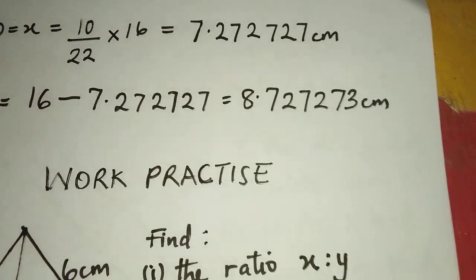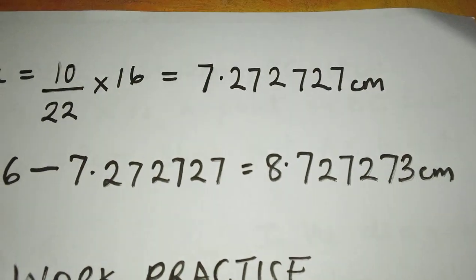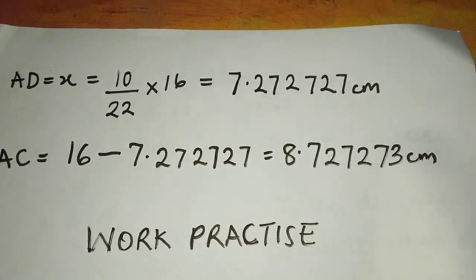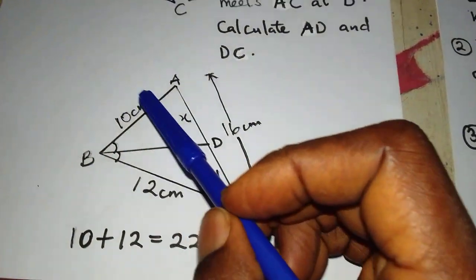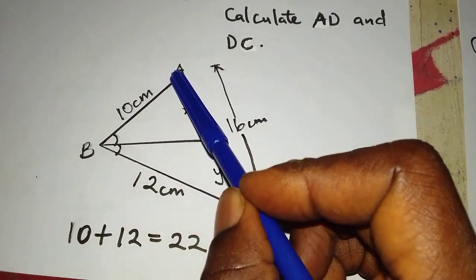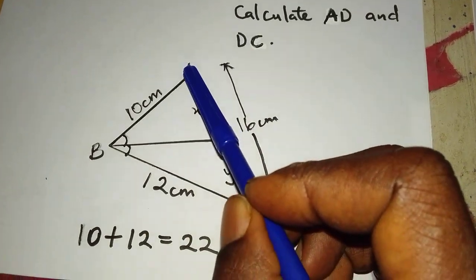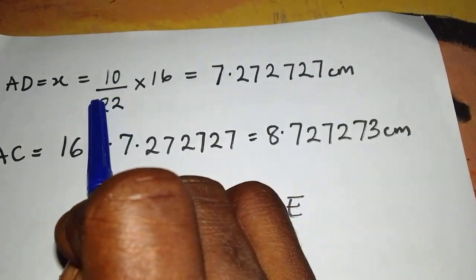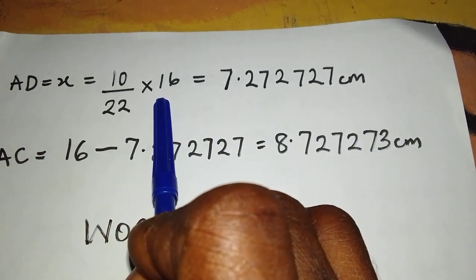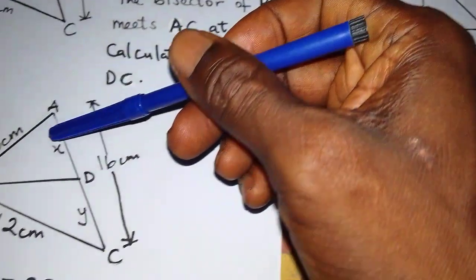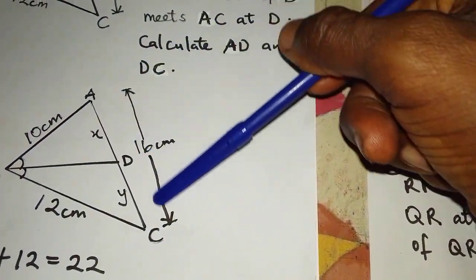So it means this 10 is representing this X. So now you say 10 divided by the addition of the two sides, which is 22, times the length of the side they are to divide.